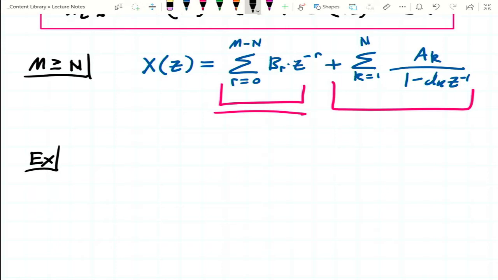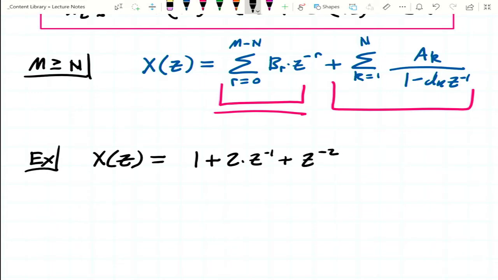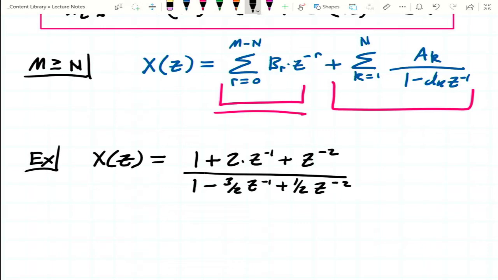So let's say that we've got a Z transform that is this ugly dude. We got X of Z is equal to 1 plus 2 times Z to the negative 1 plus Z to the negative 2 over 1 minus 3 halves times Z to the negative 1 plus 1 half Z to the negative 2.